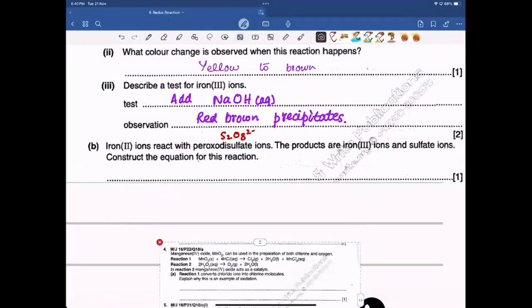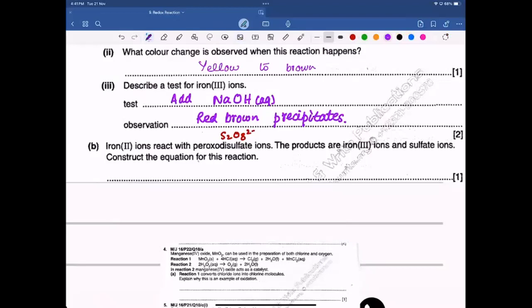Okay, who is done with the equation? If you read the equation carefully, you will easily be able to figure out what substances are undergoing a reaction, which are the reactants. So what are the reactants?